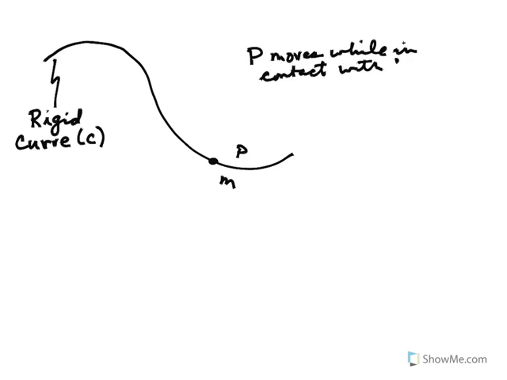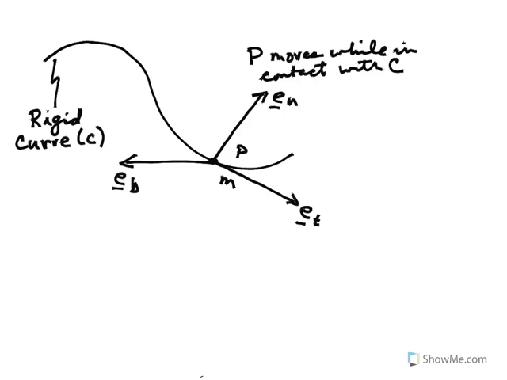So now what I'm going to do is draw an intrinsic basis relative to the curve. Remember that we had studied intrinsic coordinates when we did kinematics. I'm going to start with an intrinsic basis and then define the forces, or the force that's exerted by the curve on the particle.